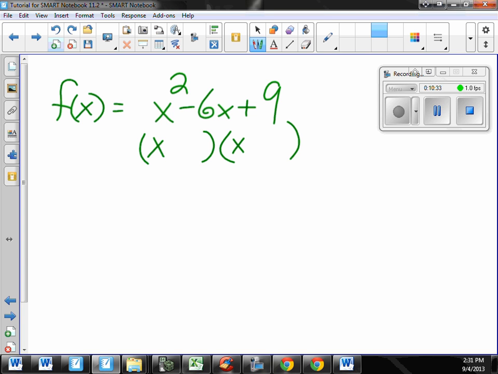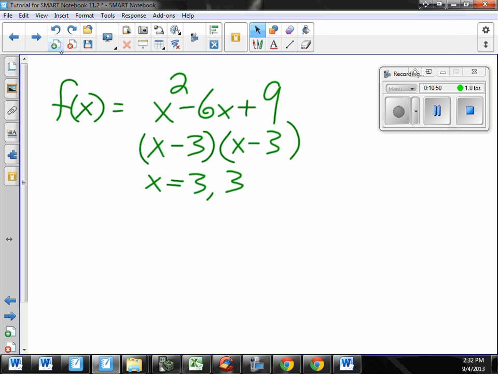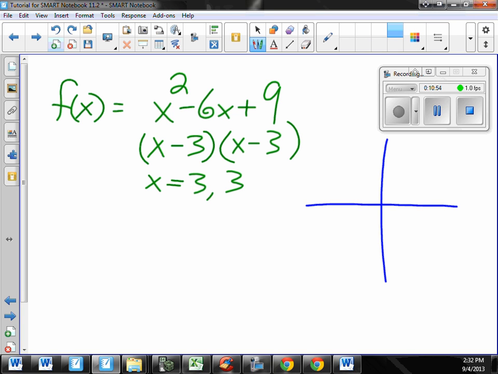Two numbers that multiply to be 9 and add to be -6. -3 and -3. So what are my roots? +3 and +3. Is that possible? So it's not a straight line because it's a quadratic, so it has to be U-shaped.